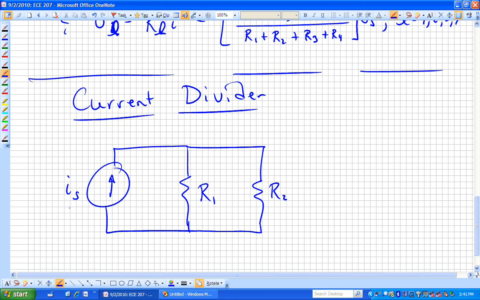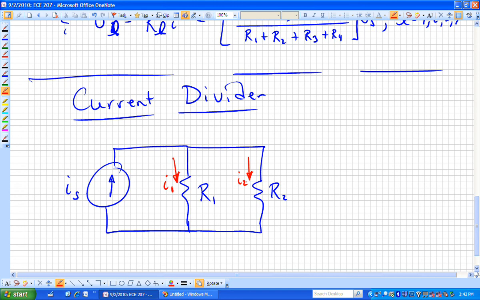Where were we? Oh, current divider. We have a source current that's supplying those two resistors. Some current of that I sub S is going to go into R1, some is going to go into R2. What's your intuition tell you?